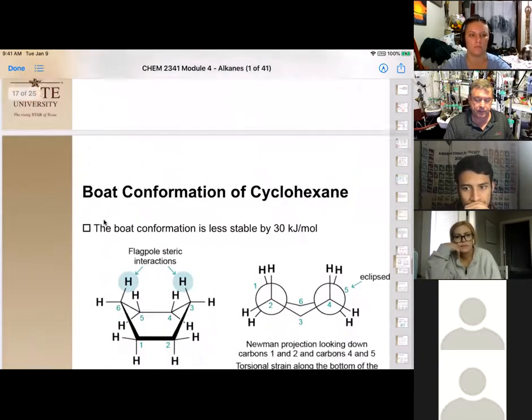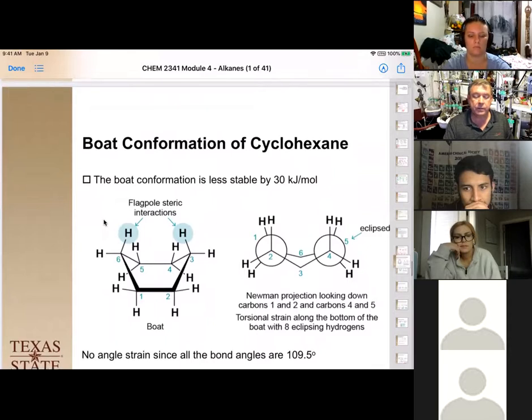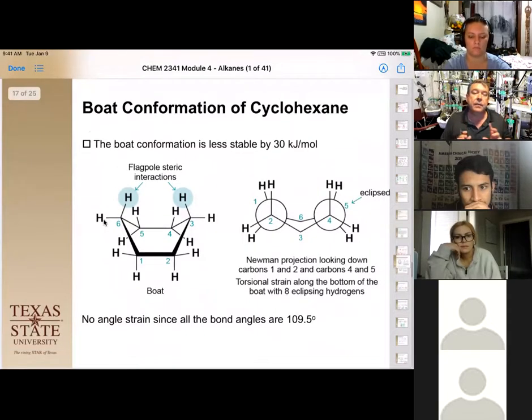Okay, let me just show you how it's slightly different in the boat configuration. We have different names for these, and then I'll go ahead and end because we're right at 1050.